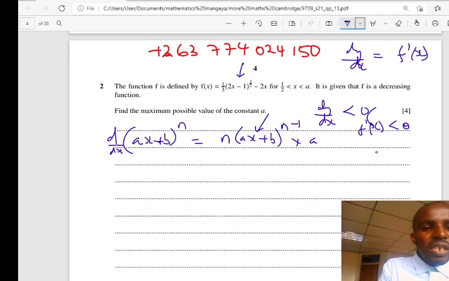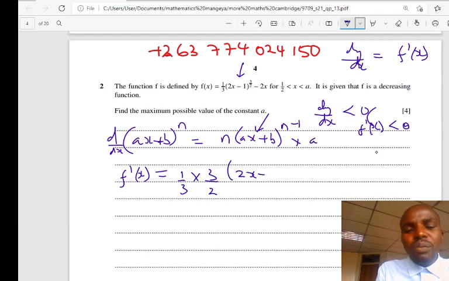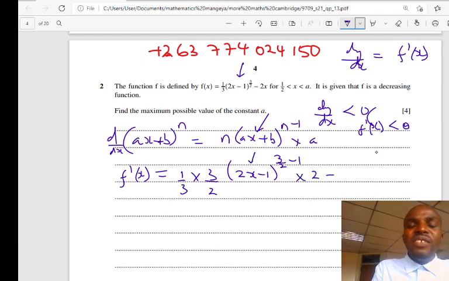It will be the first derivative, dy over dx, is equal to 1 over 3 times, bring down the power 3 over 2, then maintain 2x minus 1, then subtract 1 from the power, 3 over 2 minus 1, multiply by the derivative of what is inside the bracket, which is 2, then minus, differentiating 2x, you get minus 2.